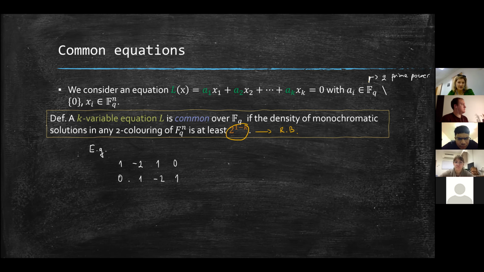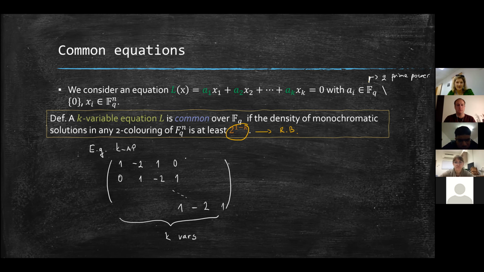And more generally, if you want a k-term arithmetic progression, then you give yourself k variables, and this describes a k-term arithmetic progression. And what is the expected density of k-term arithmetic progressions in a random coloring?